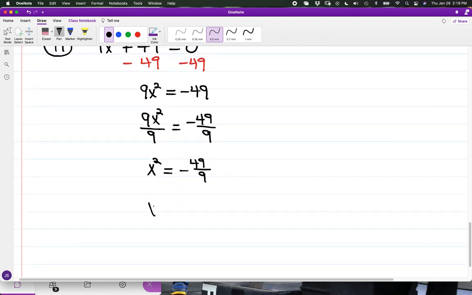And once again, utilizing the square root property of equality, I have x equal to plus or minus the square root of negative 49 ninths.